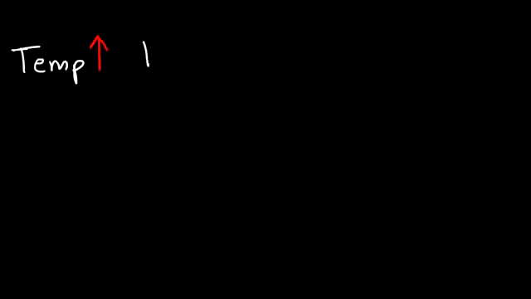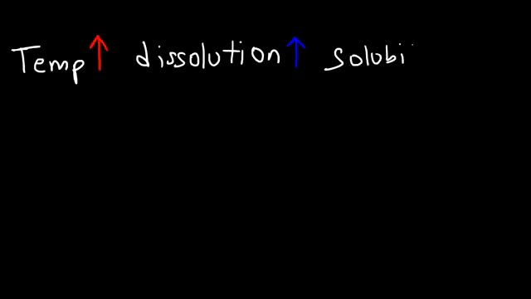The first thing is the rate of dissolution, the rate at which sodium chloride dissolves, will increase. In addition to that, the solubility will increase. That is the maximum amount that the solution can hold at any given temperature. That's going to go up. So you can dissolve more at a higher temperature, and at the same time, the rate at which the solid dissolves in water will increase as well.